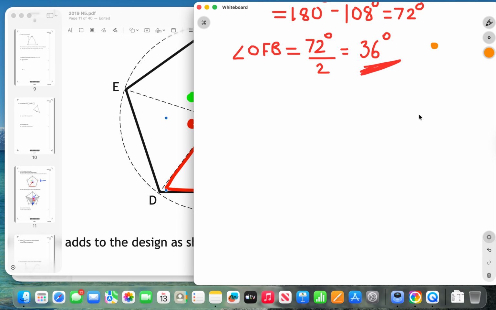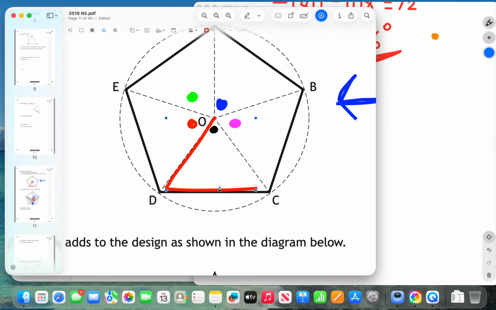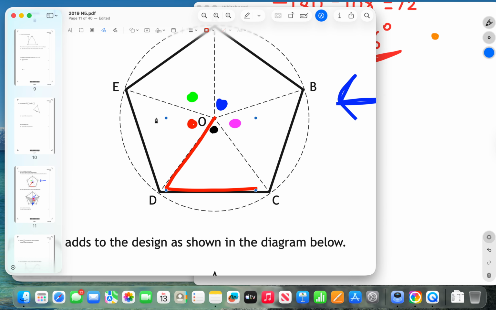You write an angle using 3 letters, with the angle at the centre going in the middle. In this case it's ODC. D is in the middle, so you can either write ODC or CDO. Again, you do have to get this convention and notation correct if you write these down.